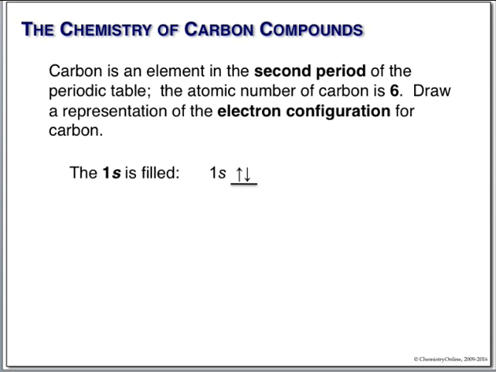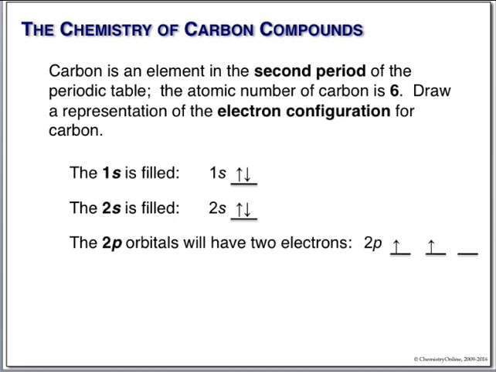Now carbon's over here, so on the second period we filled up the 2s as well. Now we have a total of 6 electrons, so we're going to be 2 here, then 1, 2, 3, and 4. So that means the p orbitals have to have 2. Now, as you recall, these come in with the same spin, one at a time.